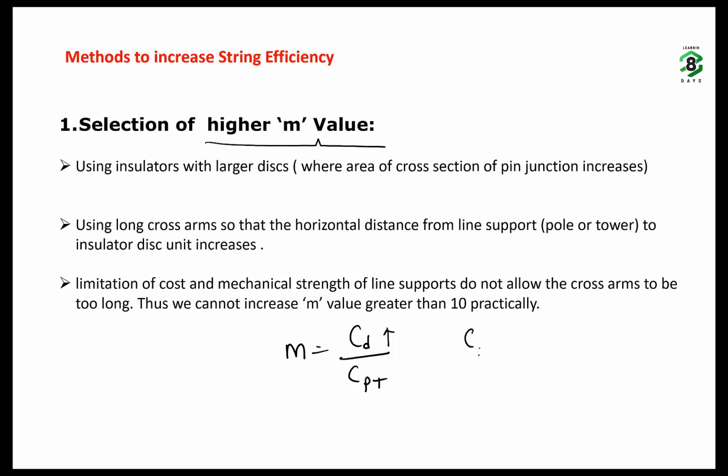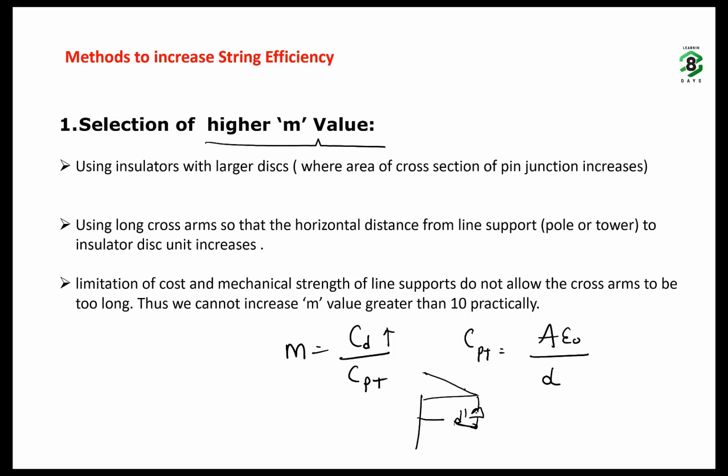CPT is given by A epsilon naught divided by D, where D is the distance between the pin junction and the tower.